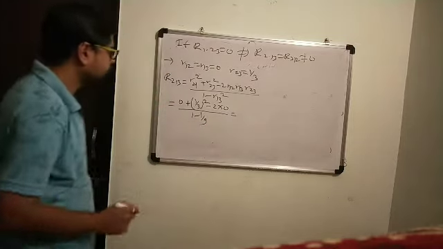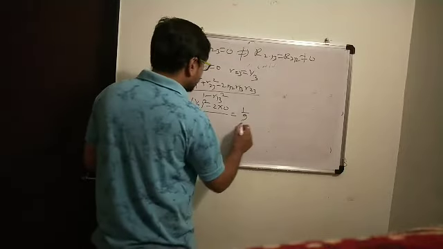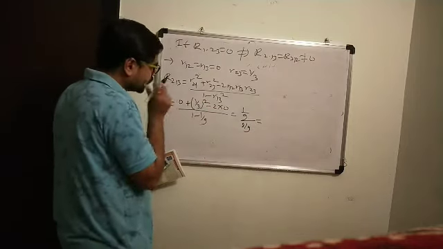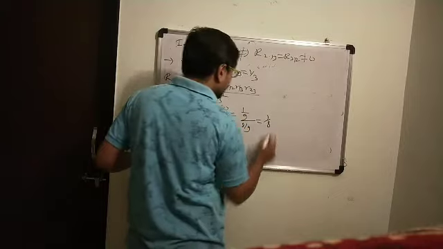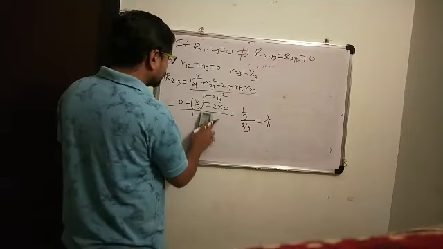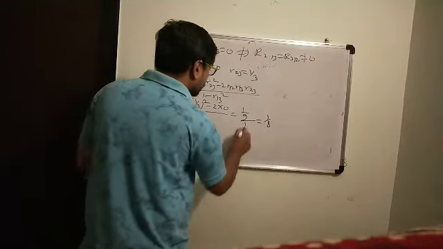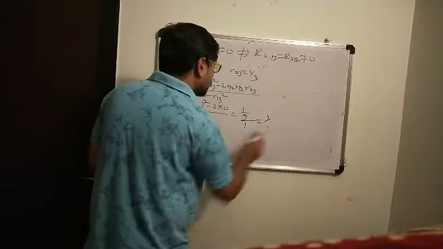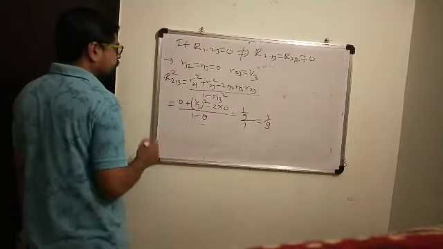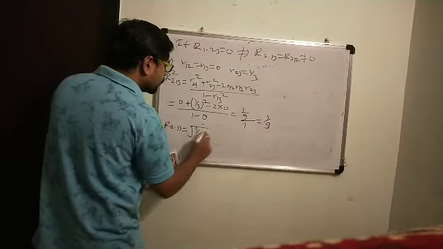So 1 by 9 divided by 8 by 9, since 9 minus 1 is 8 by 9. So we have 1 by 8. R13 is 0, so 1 minus 0 is 1, so this term is 1 by 9. So this is R square 2.13, and R2.13 is the square root of 1 by 9, which is 1 by 3.